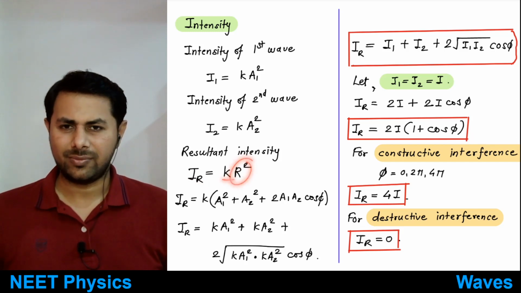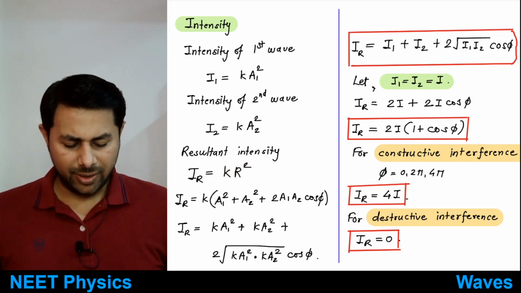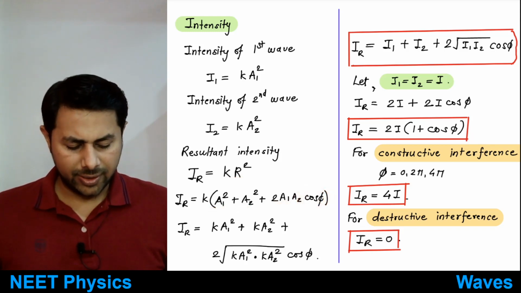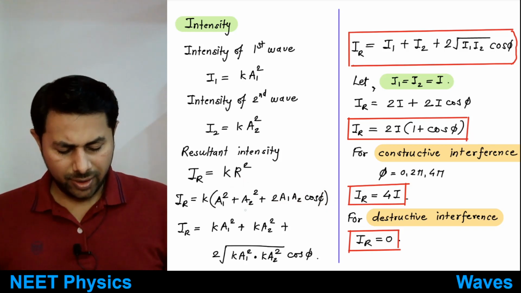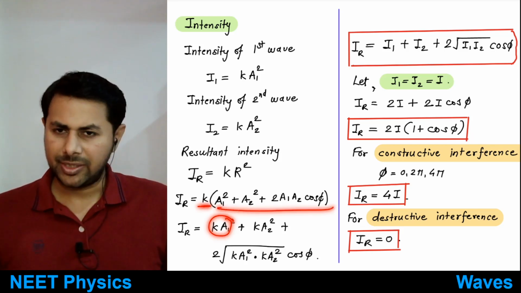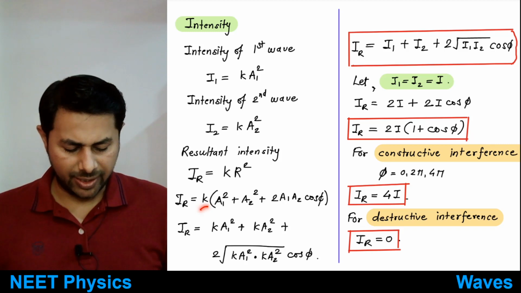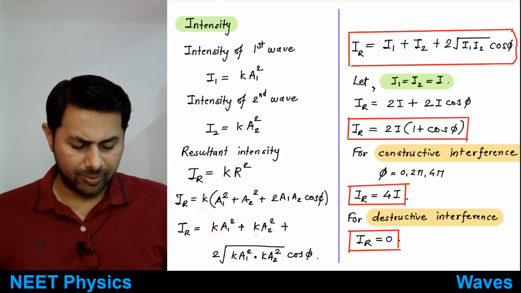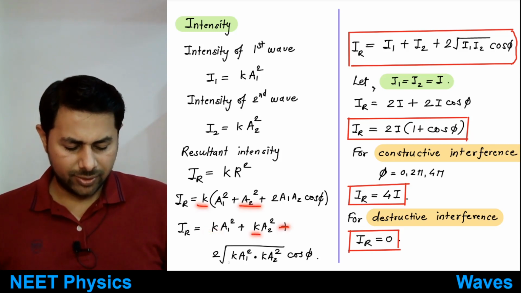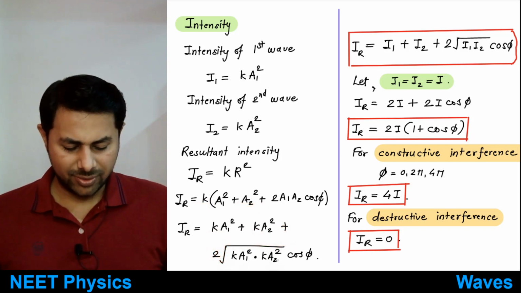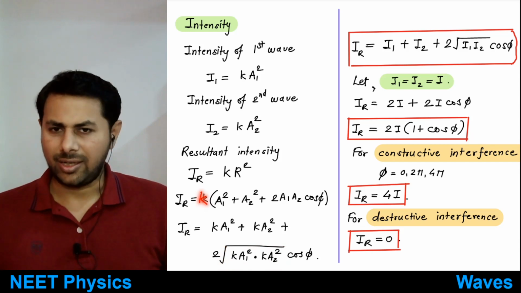Then you substitute R, so it is a1 square plus a2 square plus 2a1a2 cos of phi. You can multiply all terms inside the bracket with k. So you get k times a1 square plus k times a2 square plus 2 times the square root of, here you have multiplied with k.